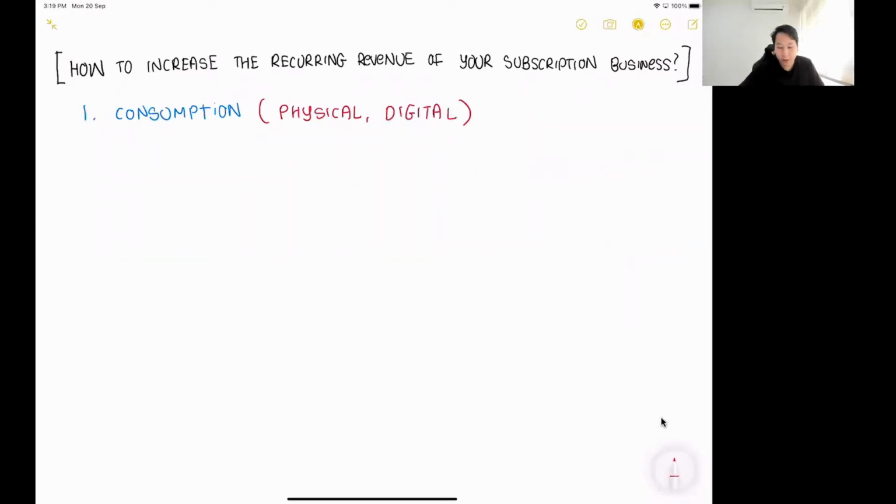Physical consumption is about how repetitive it is. It could be, for example, F&B food, or digital, like Netflix or even Disney Plus. So your consumption of the products will actually determine how you can increase the recurring revenue of your subscription business.